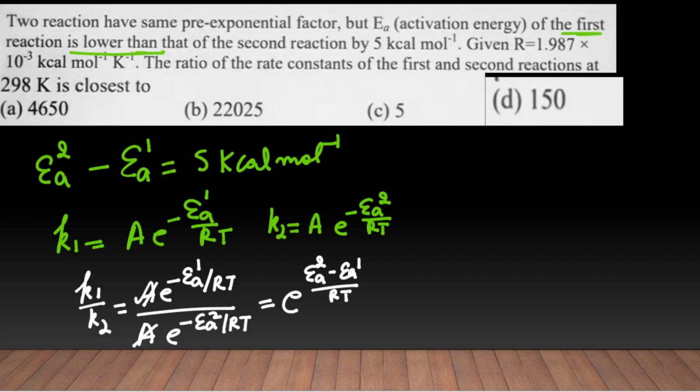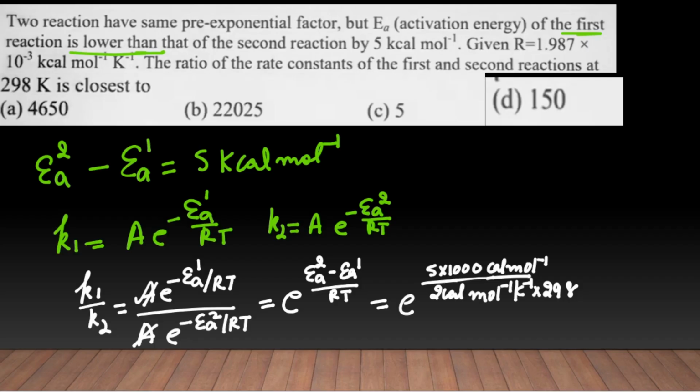These values are given to us: the difference between the two is 5000 calories per mole, and the R value in terms of calories is 2 calorie per mole per Kelvin, and the temperature is given to us as 298 Kelvin, right?